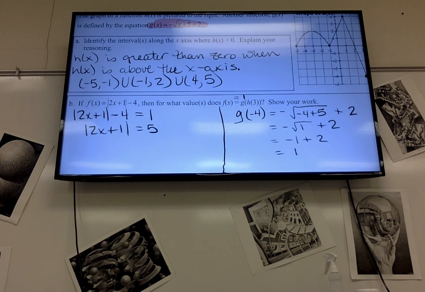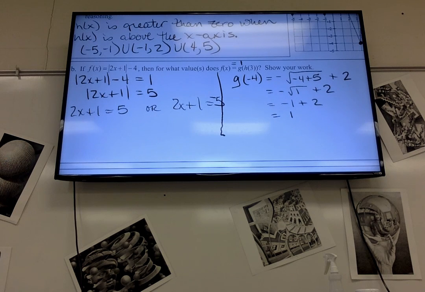You can have it equaling a positive, so I have set it up to where I have 2x plus 1 equals 5, and then 2x plus 1 equals -5, because inside there could have been either one of those. Subtract 1, you get 2x equals 4, so x is 2. And subtract 1 here, I get 2x equals -6, so x is -3. So there are your values.